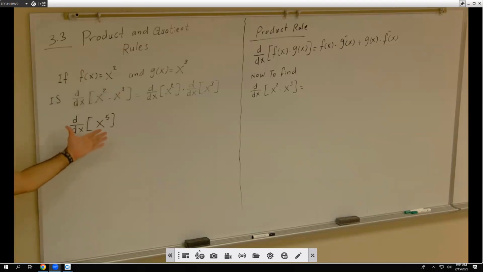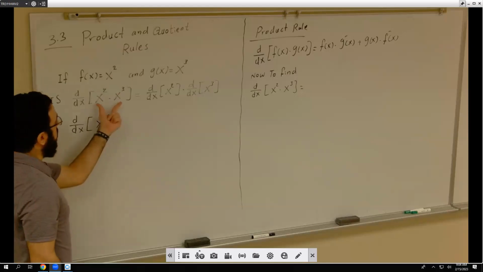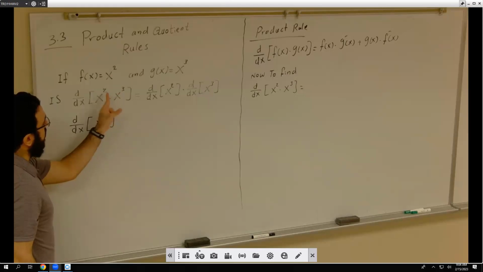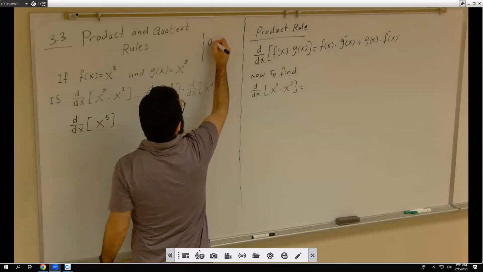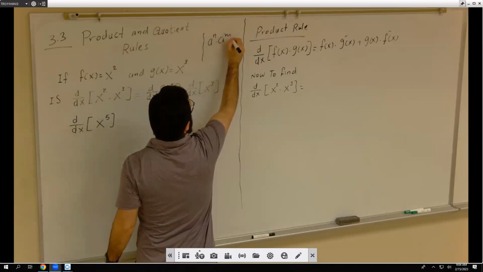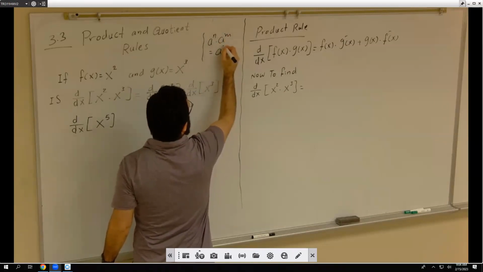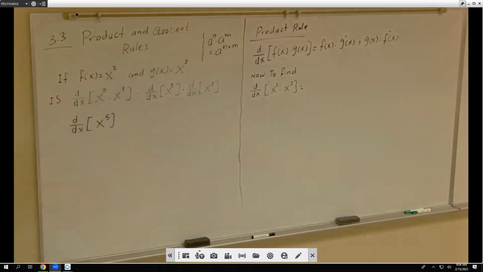I'm talking about only the left side, because this is one of the exponent rules. If you multiply the same base, you're going to add the exponents. The rule says if you have a to the exponent n, times a to the exponent m, you can say a to the n plus m. This is one of the exponent rules. That's what I did here.